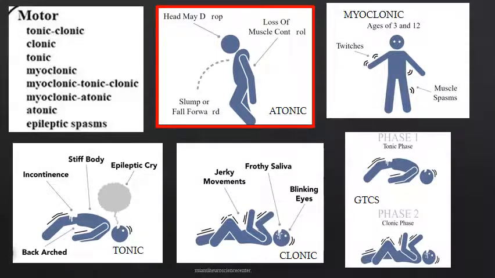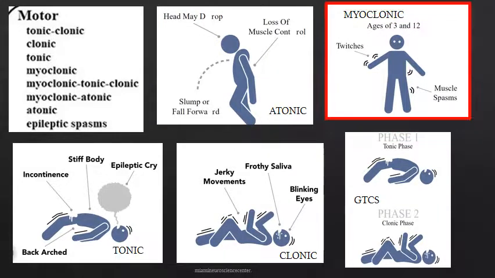Then you can have an atonic presentation where the person has sudden loss of muscle tone and muscle control. Their head may droop and they can slump or fall down. We don't usually recognize this as a seizure, but what we're going to start learning is seizures have various presentations, including something like an atonic presentation.